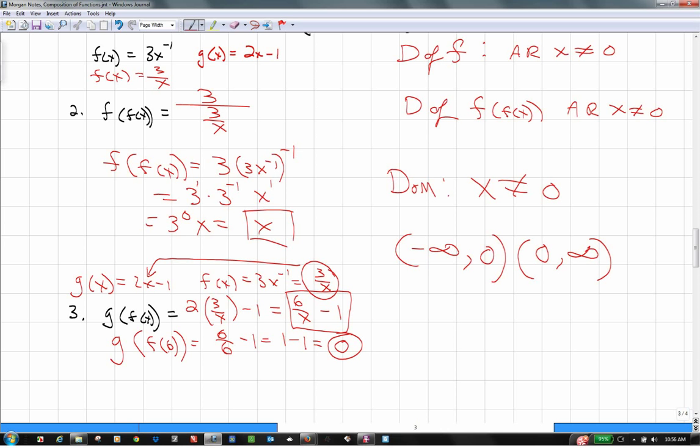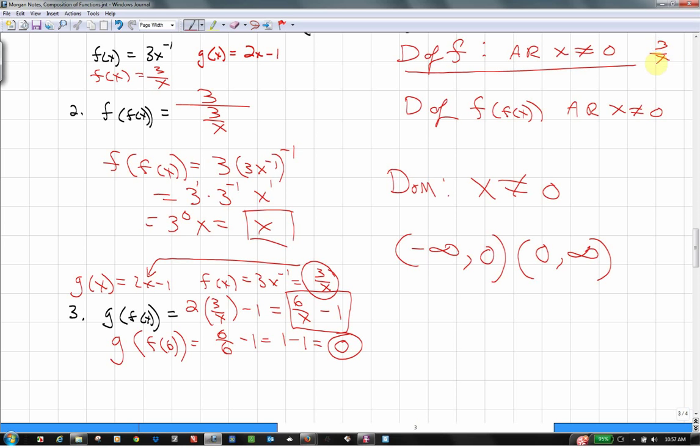Okay? Now remember we have to look at the domain of f of x, whatever it starts with, and the domain of what the function g of x has in it. So the domain of f, we already said at the beginning, because f is up here, is x not equal to 0, because f was 3 over x.